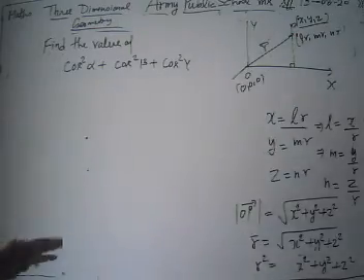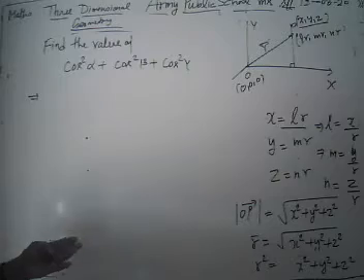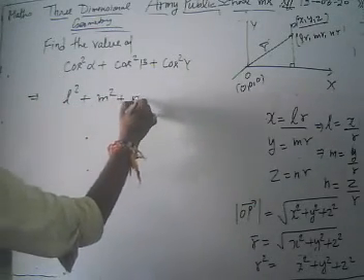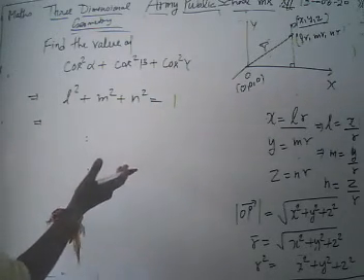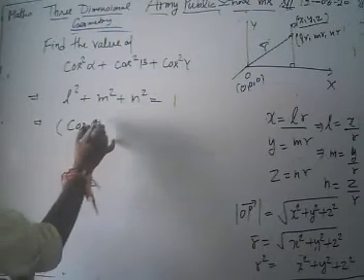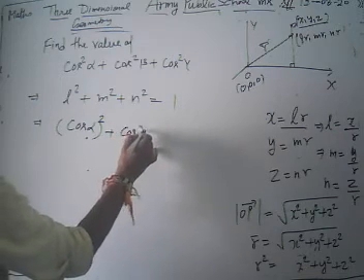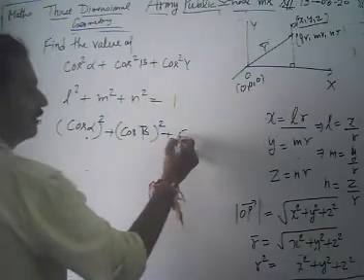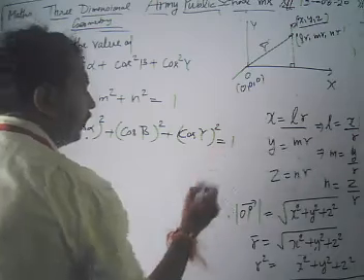Now look, we just proved that l square plus m square plus n square equals 1. But we know that l is our cos alpha, so cos alpha whole square plus m, which is cos of directed angle beta, and n, which is cosine of directed angle gamma, equals 1.